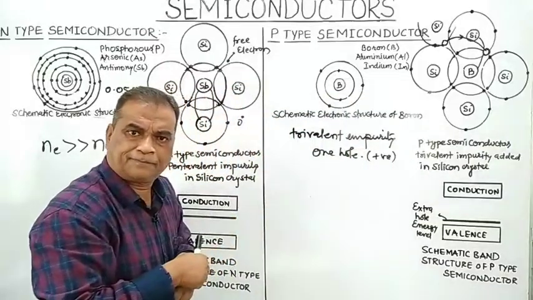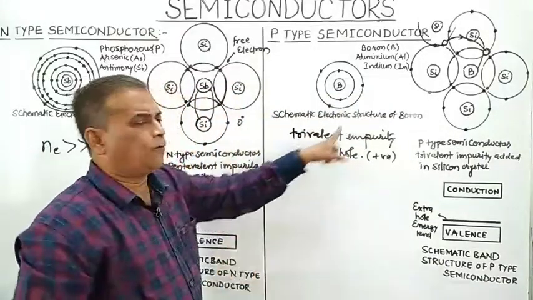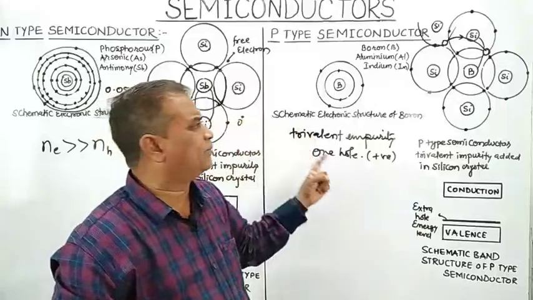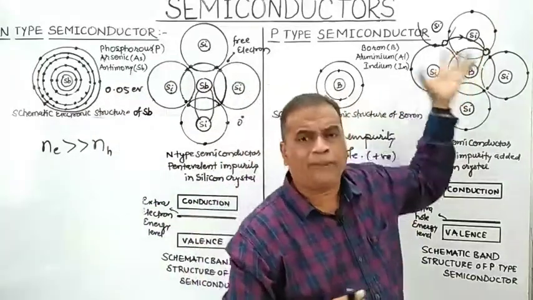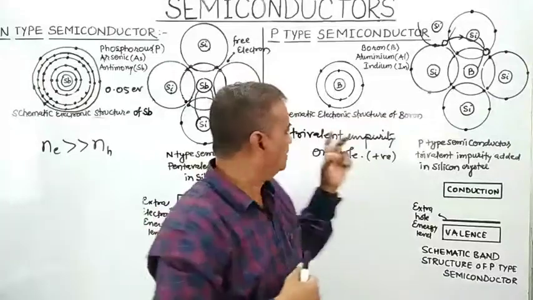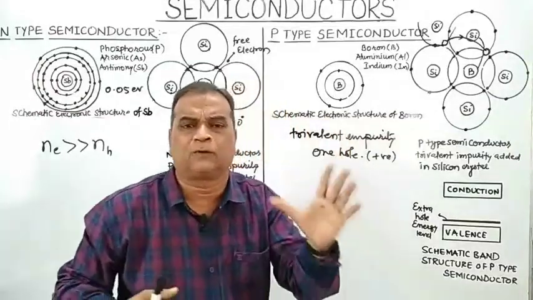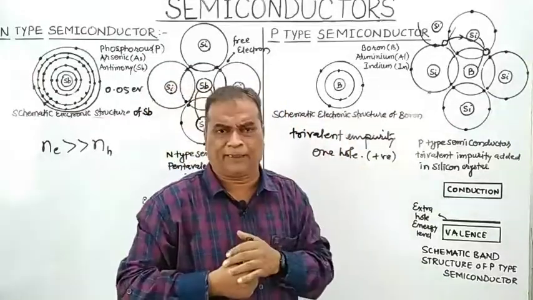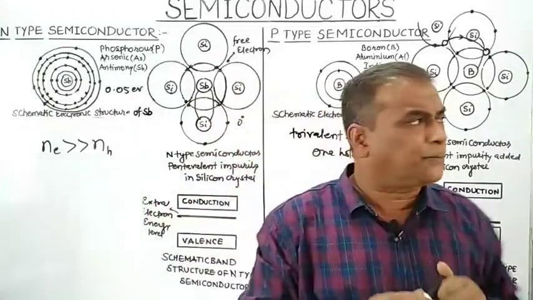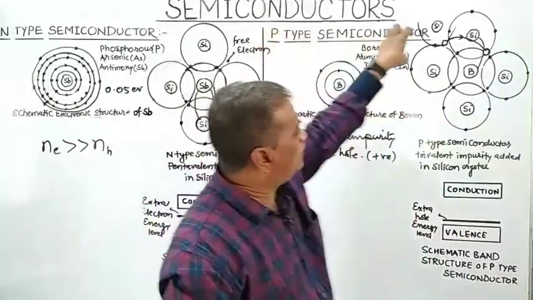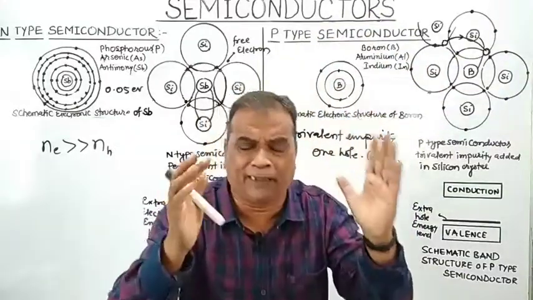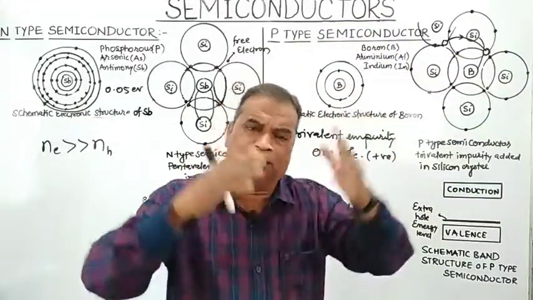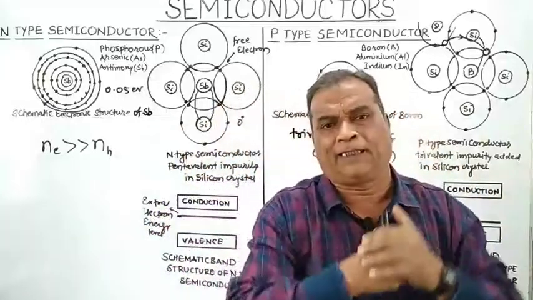A trivalent impurity atom will create one hole, and that hole will accept the electron. Hence, a trivalent impurity is known as an acceptor impurity. Remember that as far as a trivalent doped silicon crystal is concerned, we have a silicon crystal which is doped with a trivalent impurity.